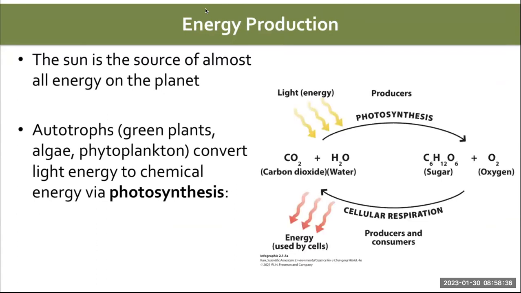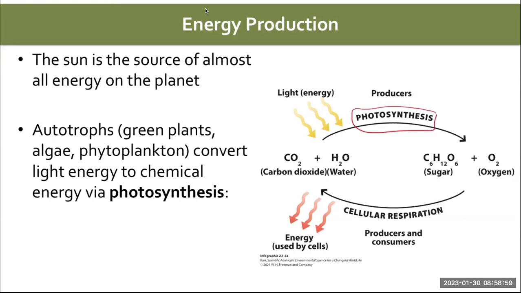So the sun, as we've established, is the source of almost all the energy on the planet, almost. And again, it's the job of autotrophs like phytoplankton, green plants, algae, to convert this into a form of chemical energy. And the reaction that does that is photosynthesis, all right?